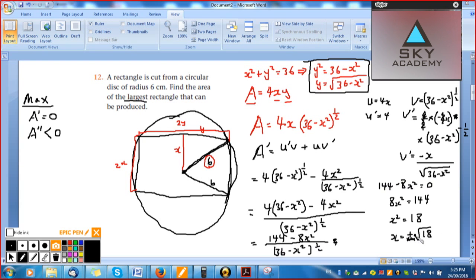So that's what's going to give us the maximum area, but we don't know whether it's a maximum or minimum yet. We just know that it's a turning point or a stationary point. Got it? So now what we can do is either find the second derivative, or test points on either side of the first derivative.